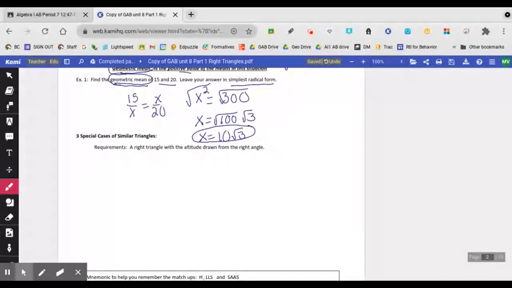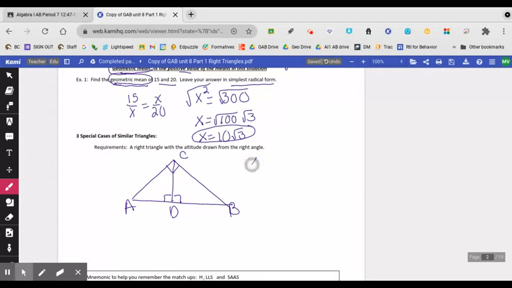A special case with similar triangles: here's right triangle ABC, where C is my right angle, and I draw the altitude from the right angle to the hypotenuse. I create 3 right triangles, and not only that, I created 3 similar right triangles.